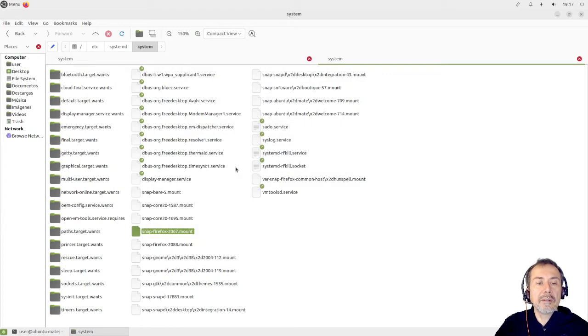Okay, so those are units. There are different types. We will see the different types in a next video. But in this course, we are not modifying or creating our own unit files, but you need to know what they are. You need to know a little bit where they can be found.